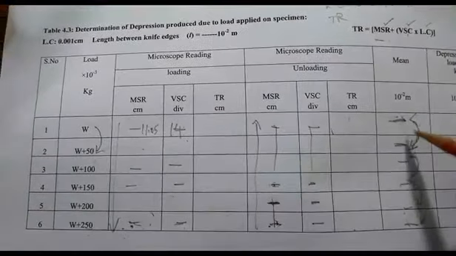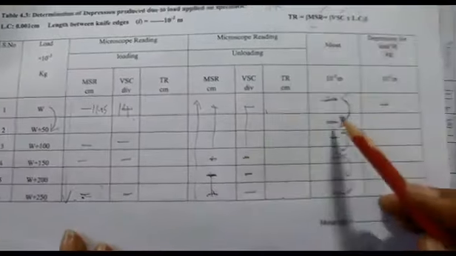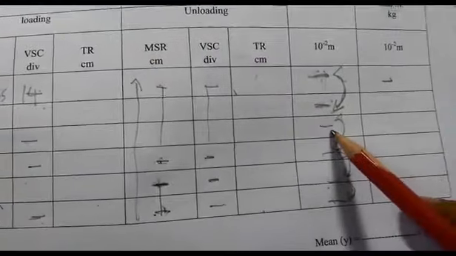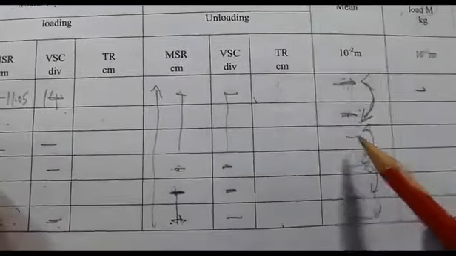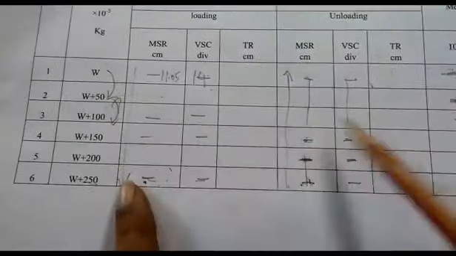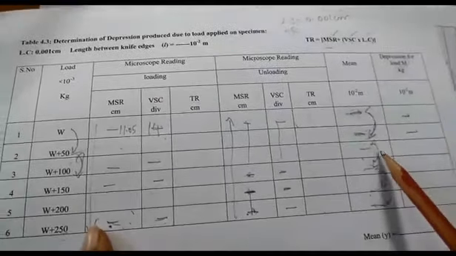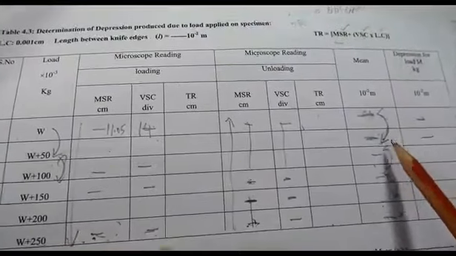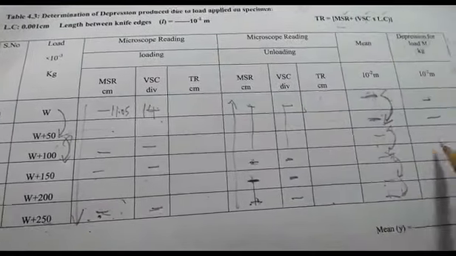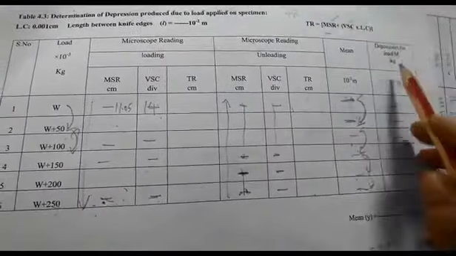The corresponding readings, find the difference and note it down. And from W plus 50 and W plus 100, the difference is 50 grams. The corresponding mean values, you find the difference and write here. In that way, you find the difference between 1 and 2, 2 and 3, 3 and 4, 4 and 5, and complete here. When M is 50.